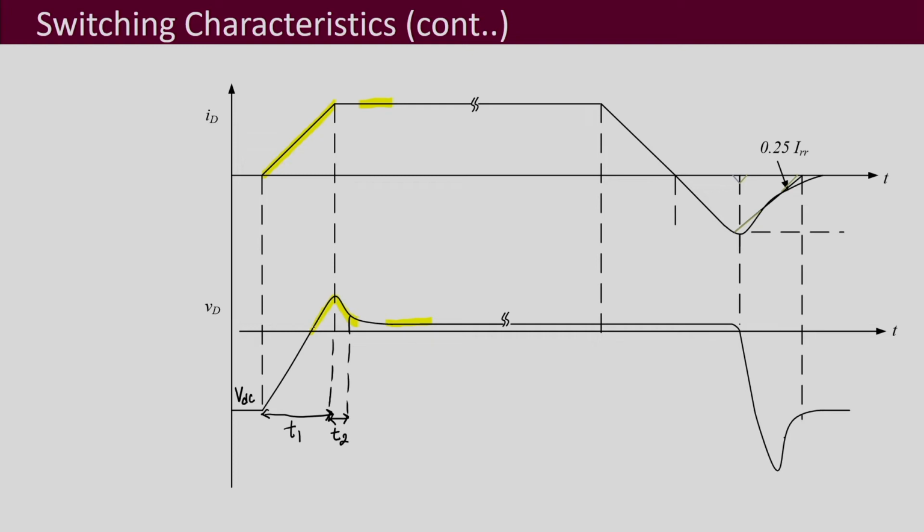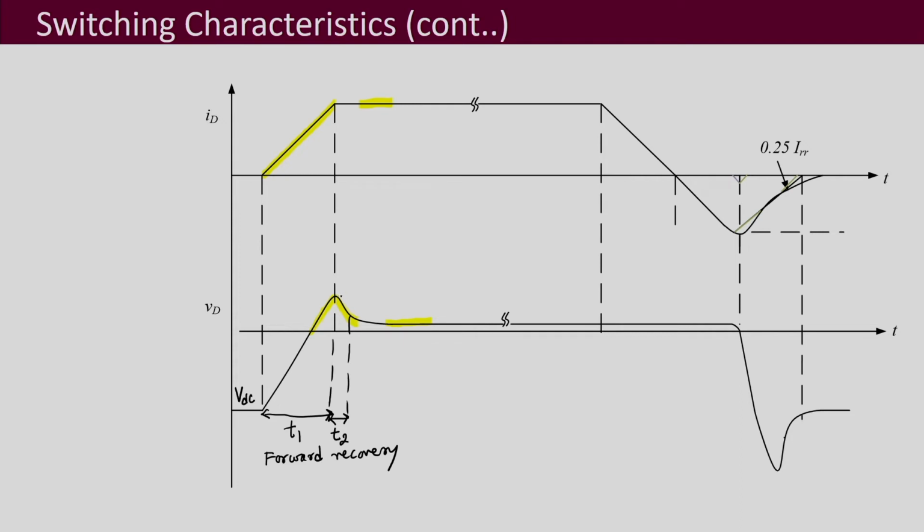This effect of the voltage increasing and having an overshoot is called the forward recovery, and this time is called the forward recovery time.